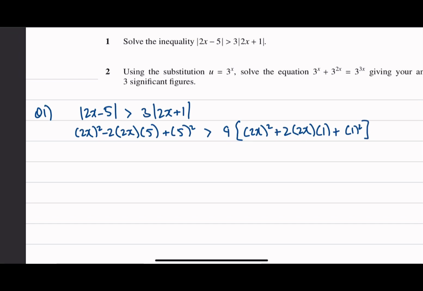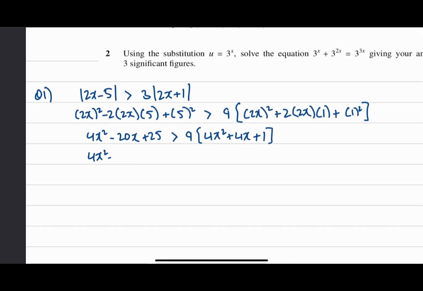Simplifying this would leave you with 4x squared minus 20x plus 25 is greater than 9 bracket 4x squared plus 4x plus 1.